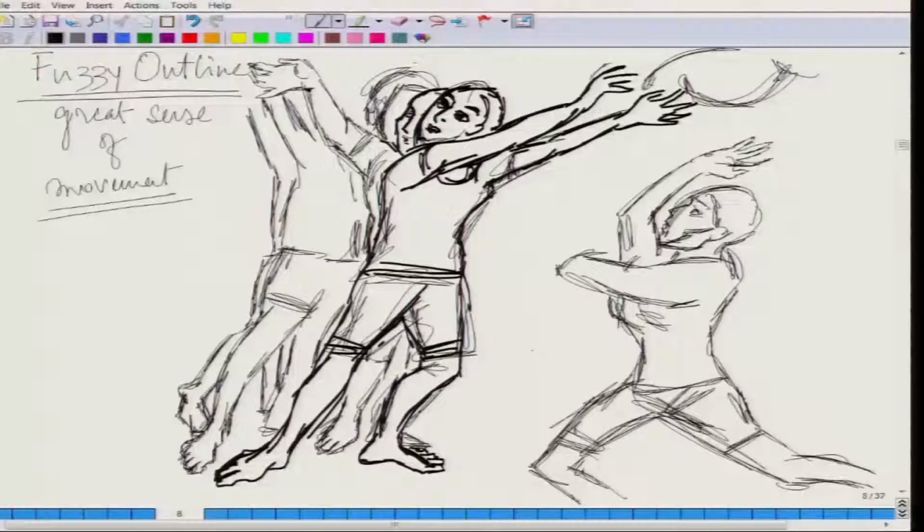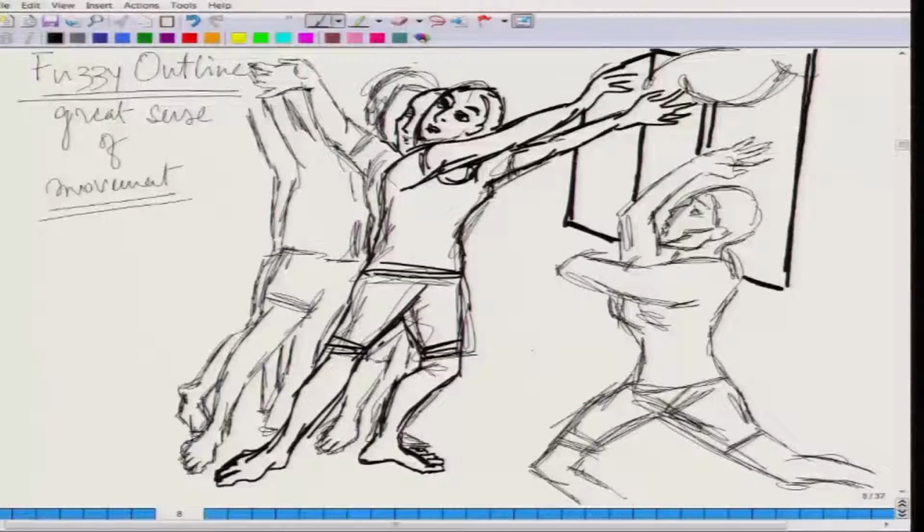For example, if we add some architectural structure at the background of this drawing, it will become even more movable. So, an active foreground with a static background may create order.